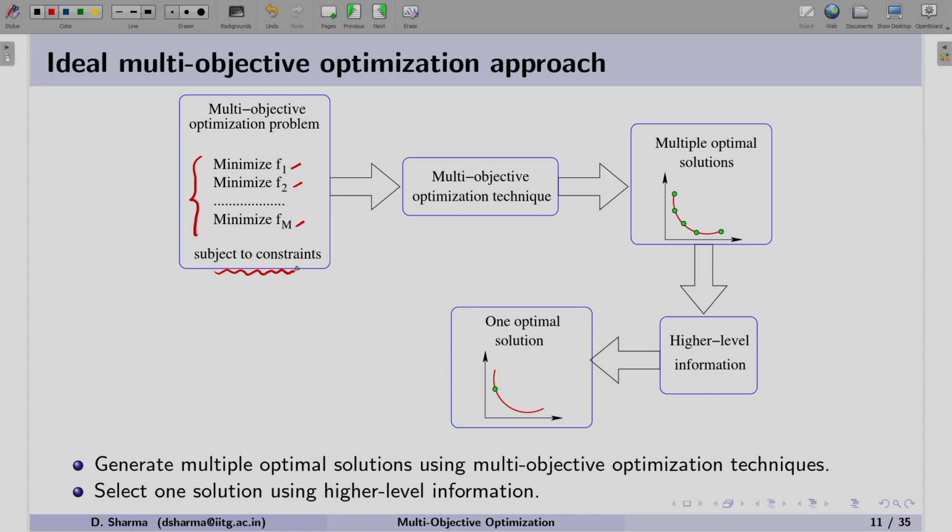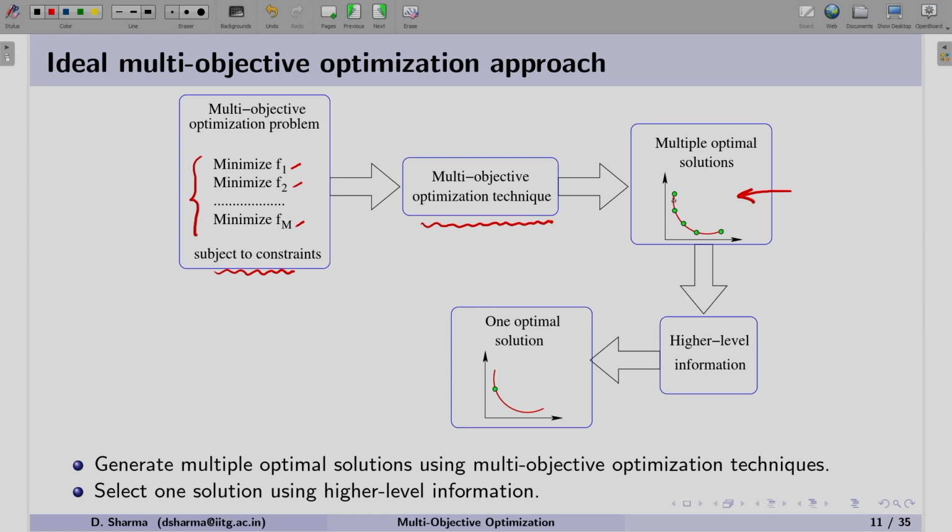Now what we will do here is solve the problem in its original form using some multi-objective optimization technique. And as we know, if we solve this multi-objective problem, we are going to get multiple solutions, as we can see in the third box.